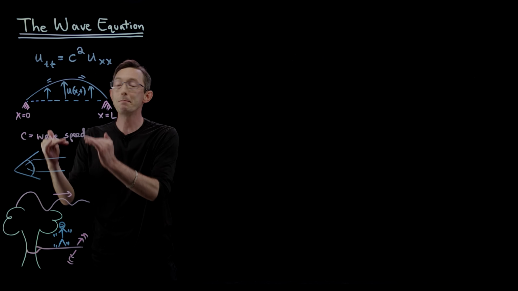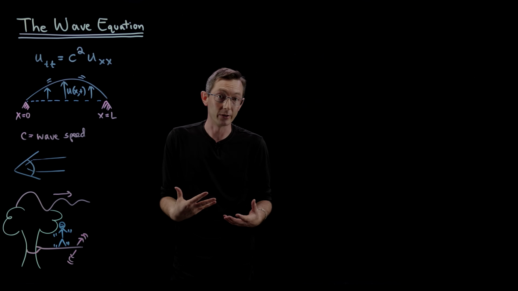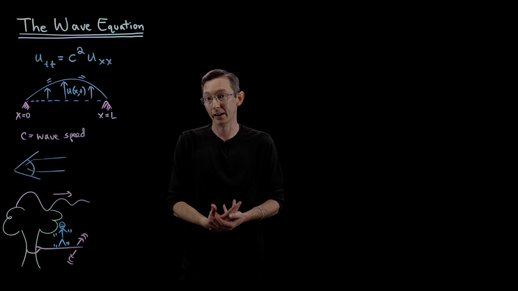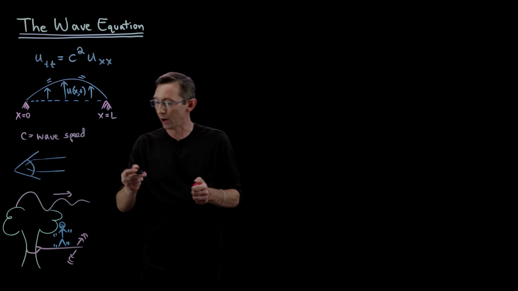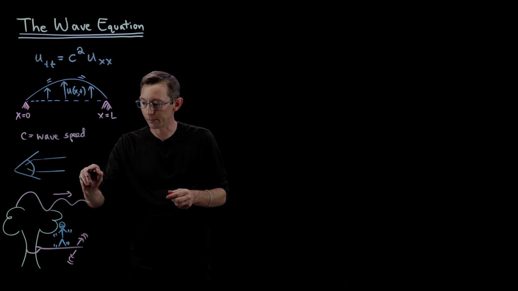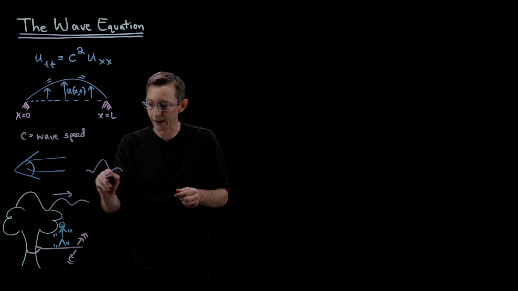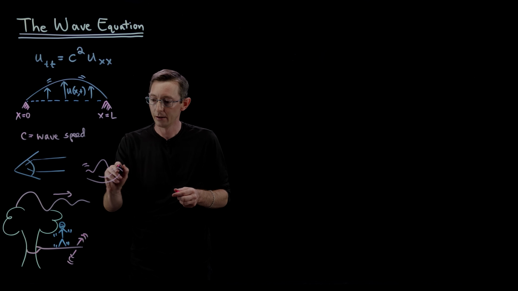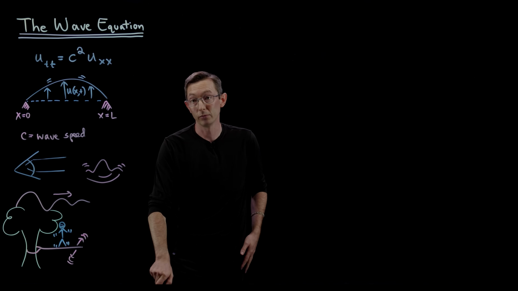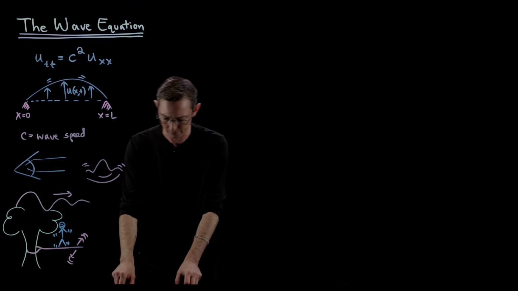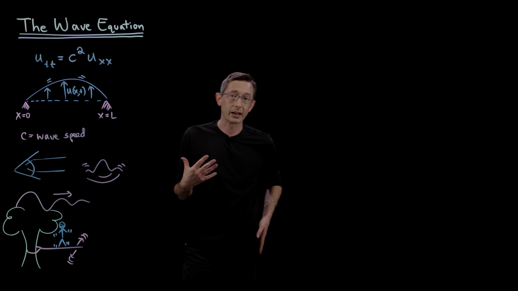But these are just some of the many, many examples of how the wave equation comes up in physics and in engineering. I also think about if you throw a rock in a pond, you're going to get some kind of ripple effect. That's also going to travel according to this wave equation with some assumptions and simplifications.